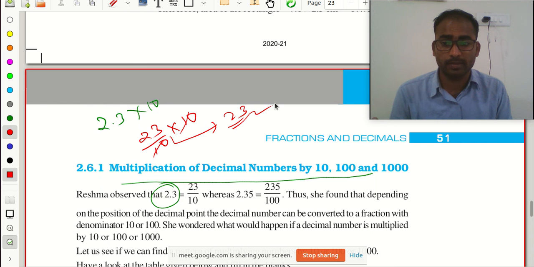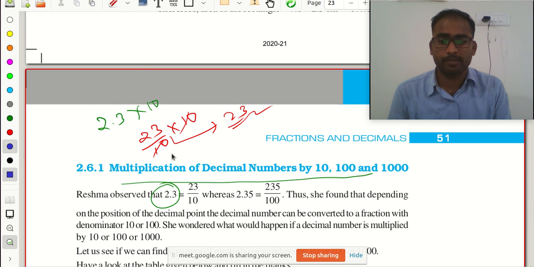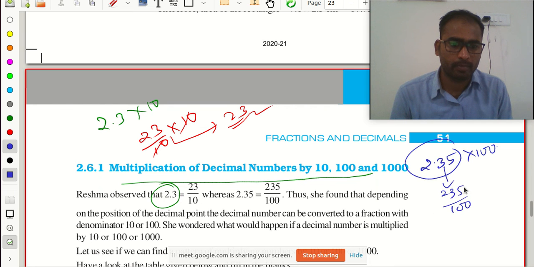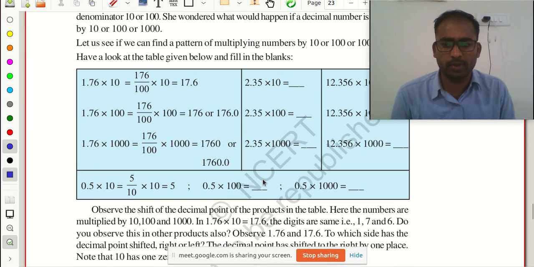Is that right? Same, I am having the number 2.35 and I need to multiply with 100. I can write this as 235 divided by 100. Multiply with 100, so 235 is our answer. This is very simple.